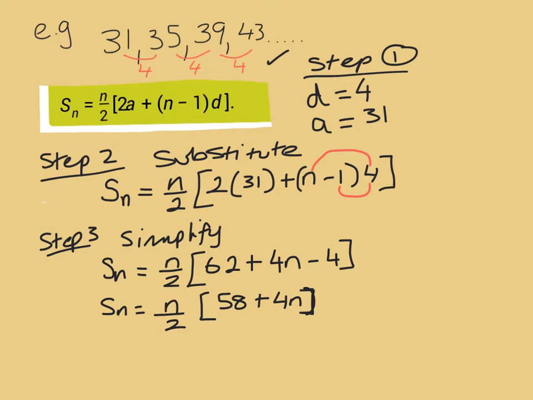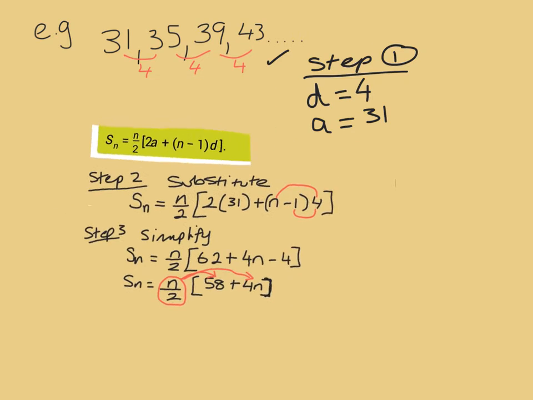Okay, so there's one last thing I can do here, and that is multiply this n over 2 into the bracket. So I have to first multiply it by the 58, and second multiply it by the 4n.